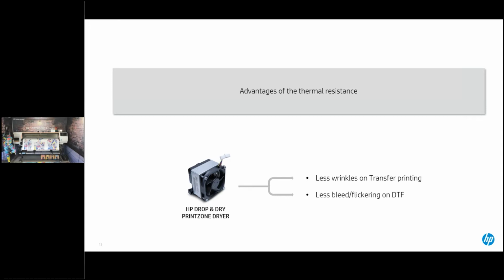So we are able to start the drying process a lot faster. That cuts down on cockling. And this printer is a hybrid printer, meaning that it can print direct to fabric and paper very well. So with direct to fabric, you need to be able to start drying as soon as possible to allow better image quality and better take up.